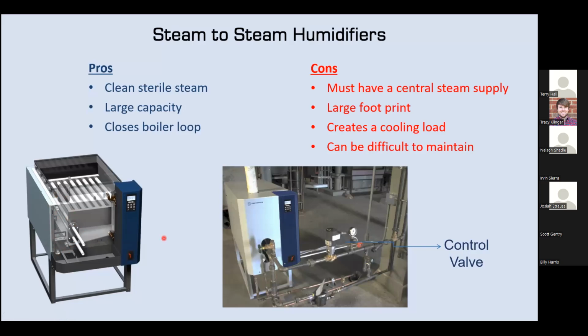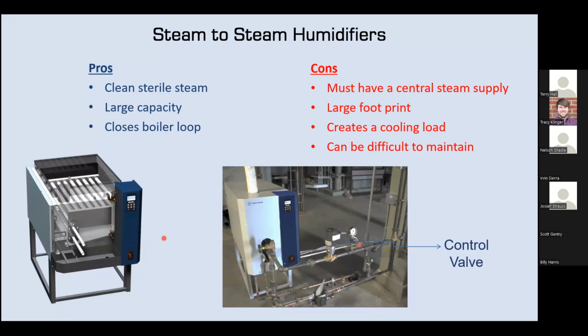Steam to steam, the issue, I guess, is that controllability does depend somewhat on your steam supply. So the capacity depends on your steam supply. We can go up to about 1,600 pounds per hour. That has to be on 15 PSI steam.